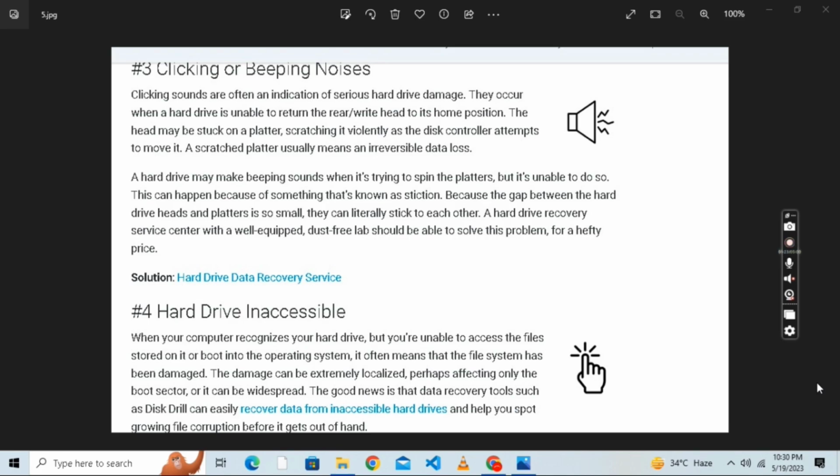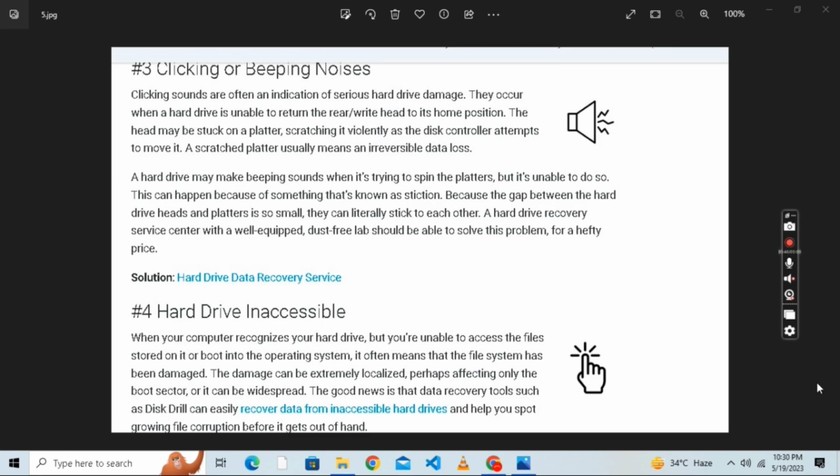A hard drive recovery service center with a well equipped, dust-free lab should be able to solve this problem for a hefty price. Solution: hard drive data recovery service.